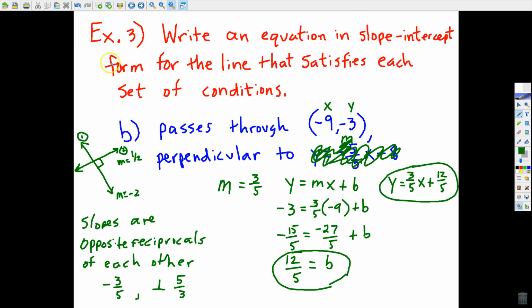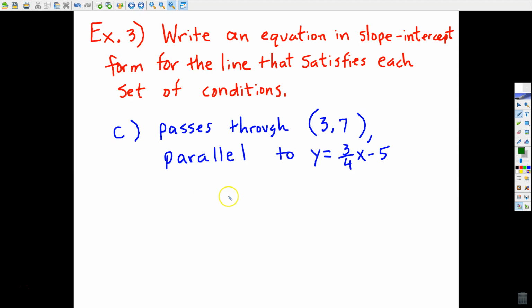Okay, I'm almost done. I just want to run through one more of each of these just to make sure. Remember that two lines that are parallel have the same slope. This line has a slope of 3/4, so my line that's parallel to this also has a slope of 3/4.